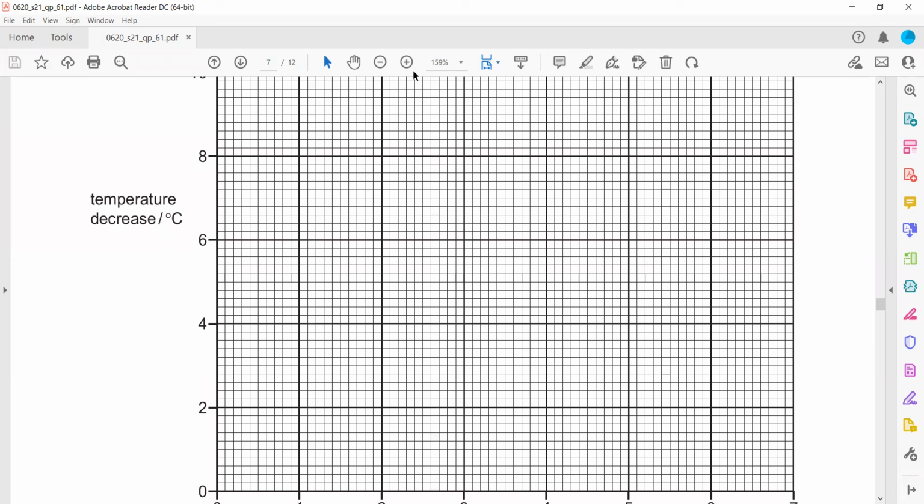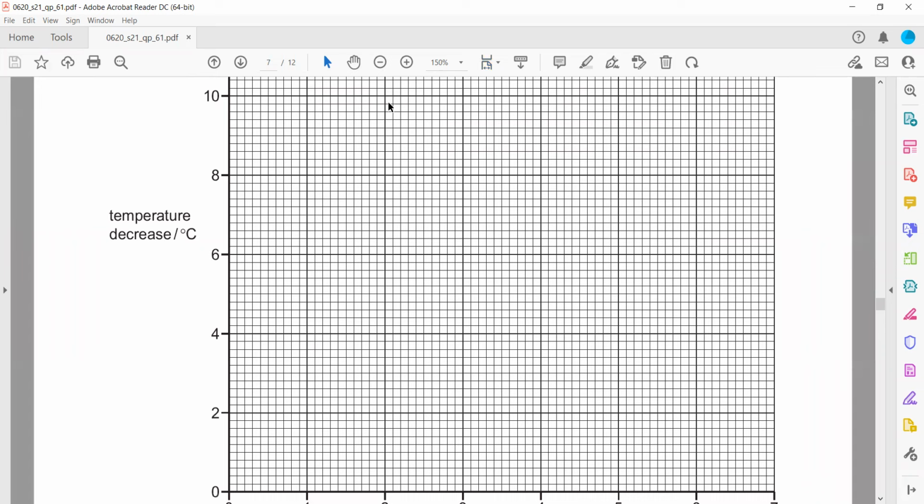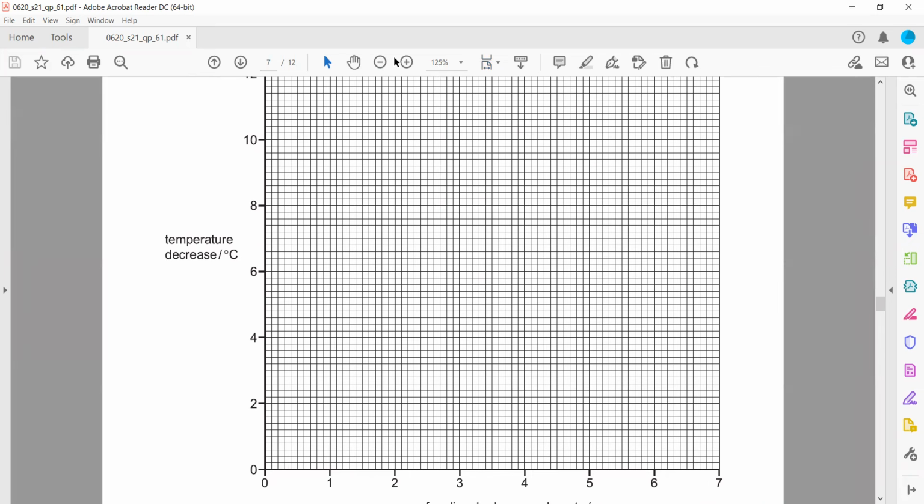Like the first experiment, when we plotted the graph for the first experiment, this was the first graph, for when we were using the acid.